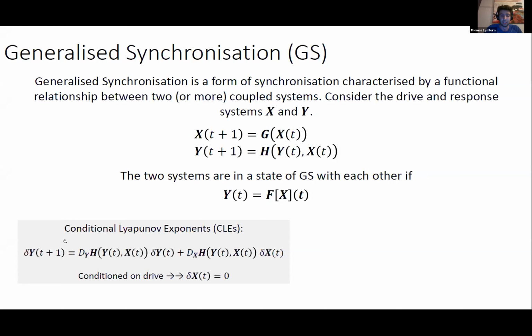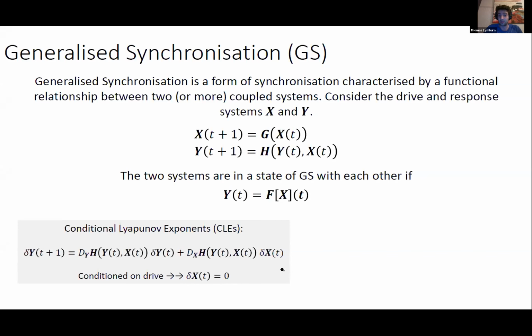So you can work them out by this sort of equation for the growth of the perturbation, but you're going to condition them on the drive by setting the perturbation in the drive system to 0. And so if all of the conditional Lyapunov exponents of your response system are negative, then you're conditionally stable with respect to the drive and you're in a state of GS.